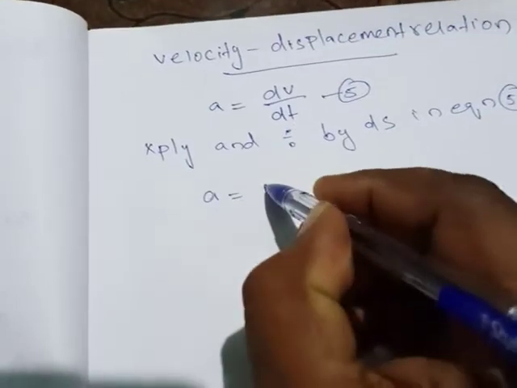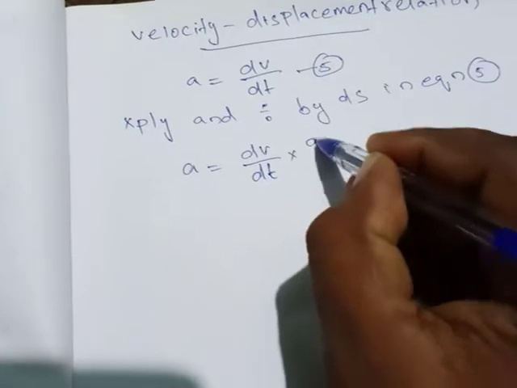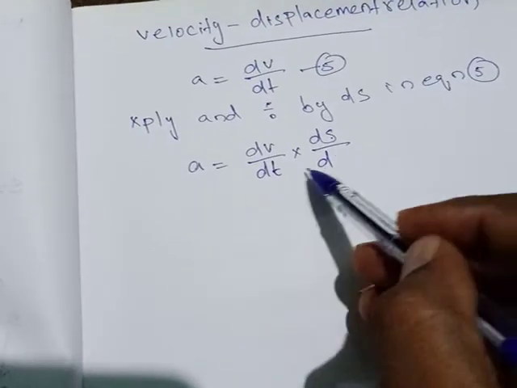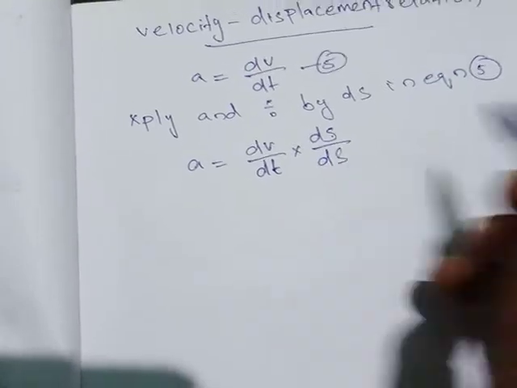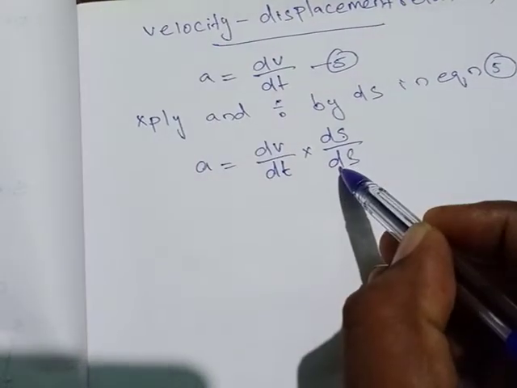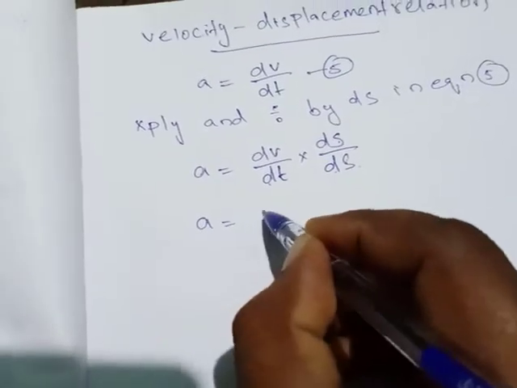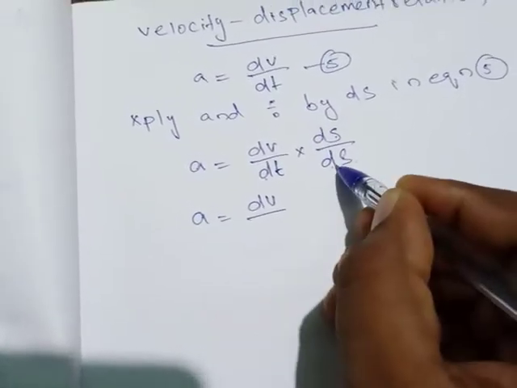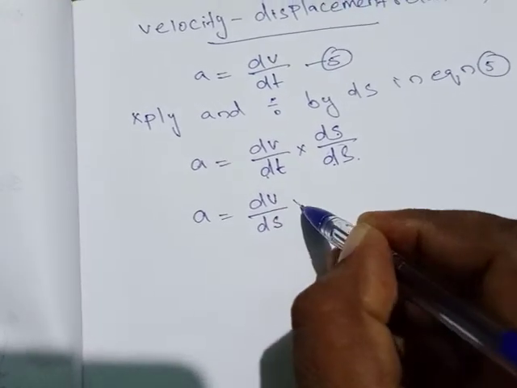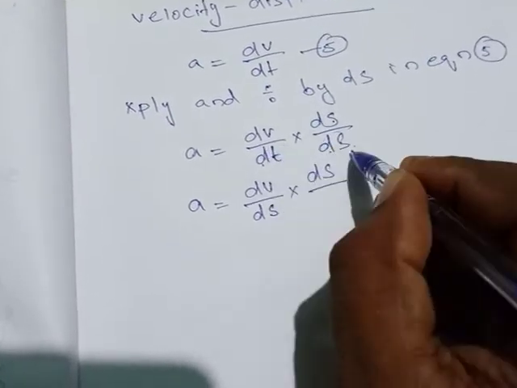So a is equal to dv by dt into ds by ds. Now I am taking this ds here and dt here. So a is equal to dv by ds, into ds by dt.